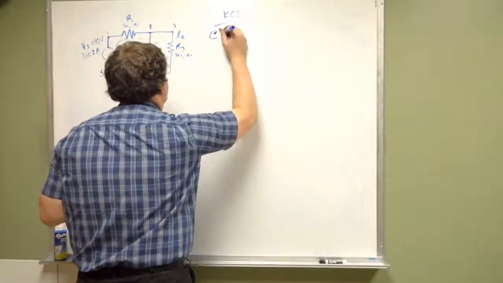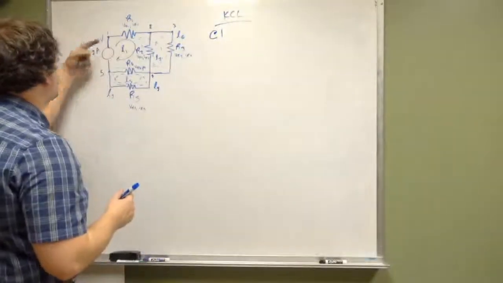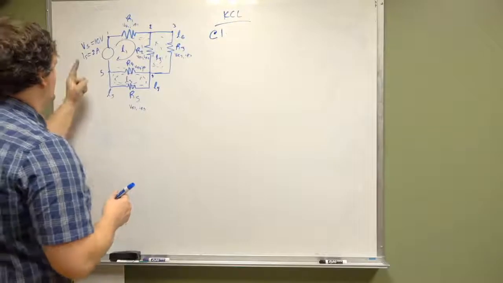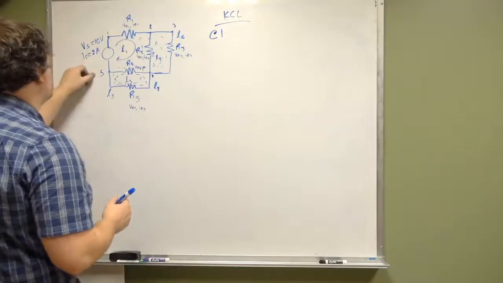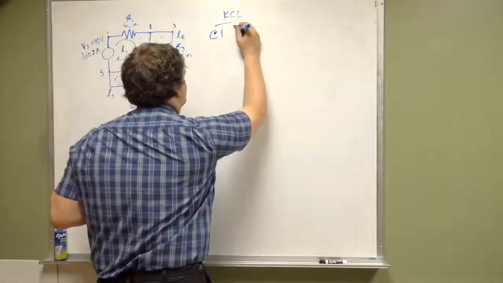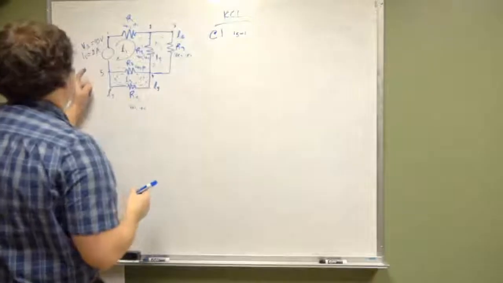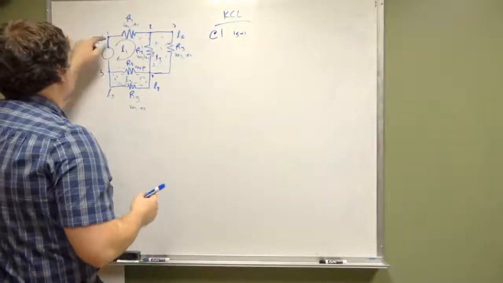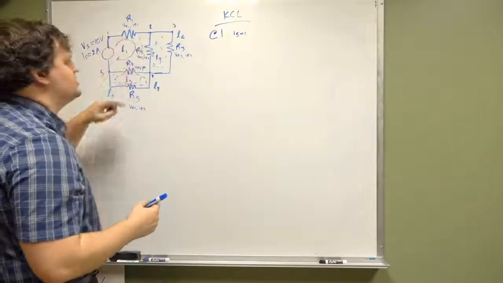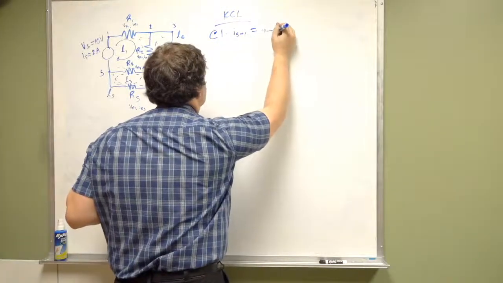So first equation, at 1, we have one wire going in, we have one wire going out. The current that comes from 5 to 1, I'm going to write that as I5 to 1. That's current coming in. Current going out is the current going from node 1 to node 2.